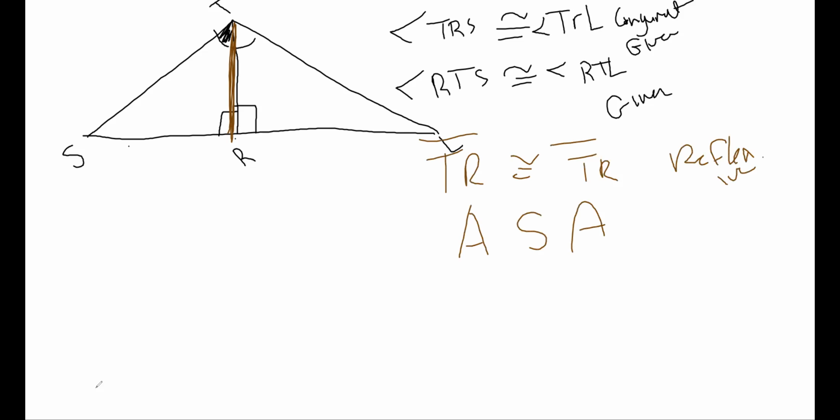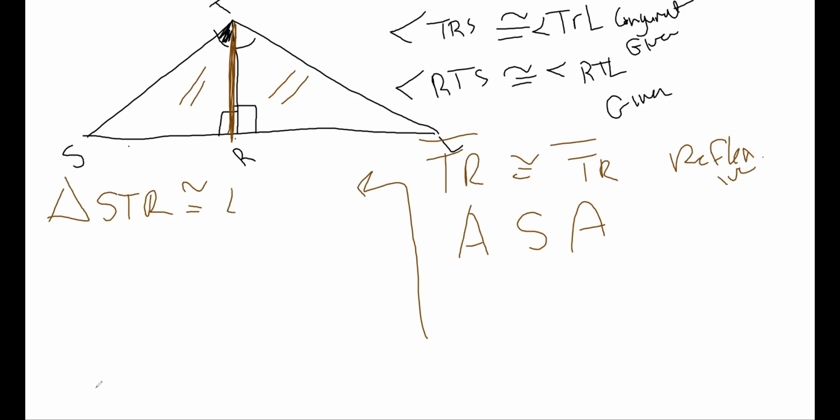Can I conclude now that this triangle is congruent with this triangle? Yes, by the postulate ASA. So STR is congruent with LRT.